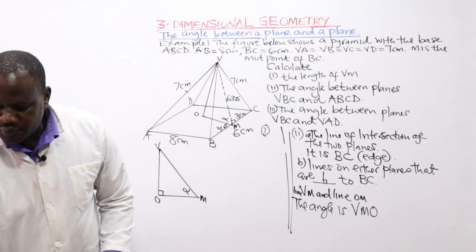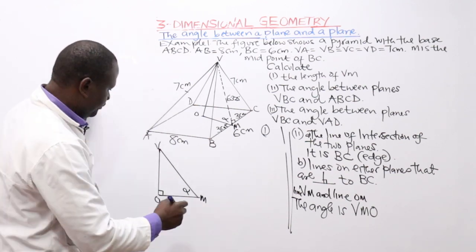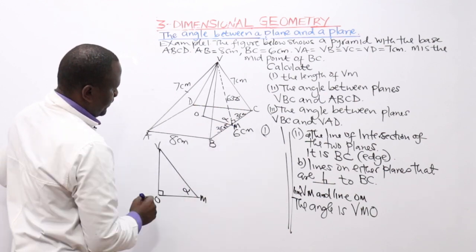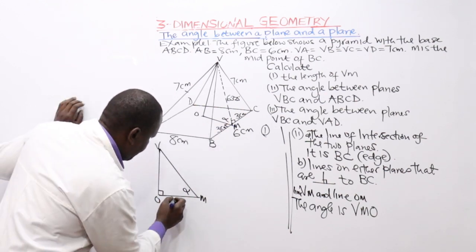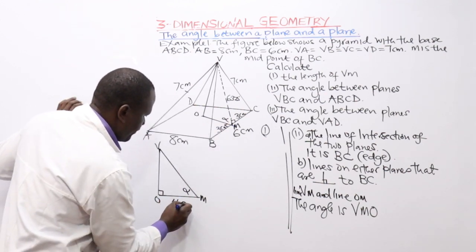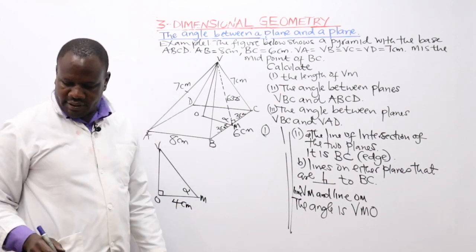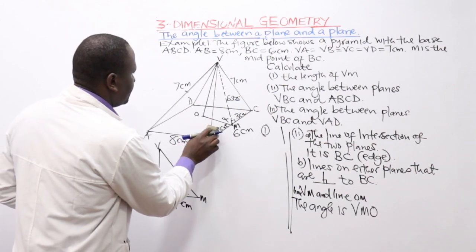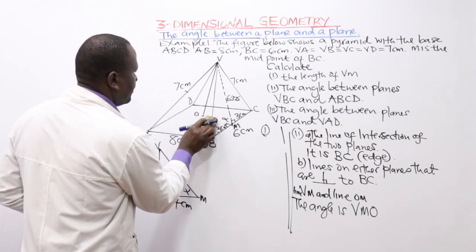Now, we use trigonometry because OM is 4. Why? Because it is at the center.